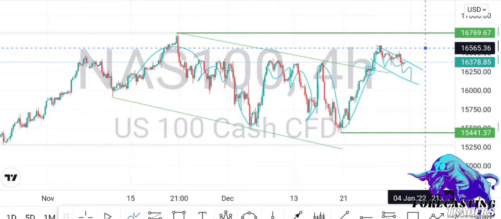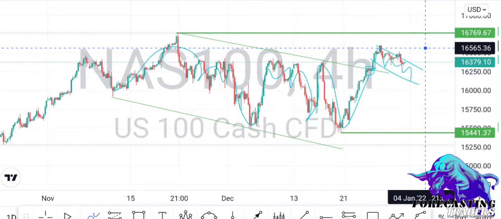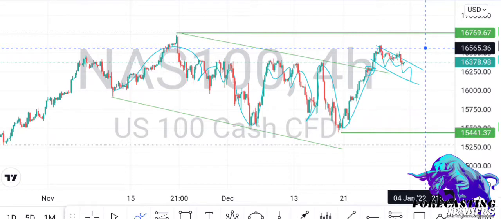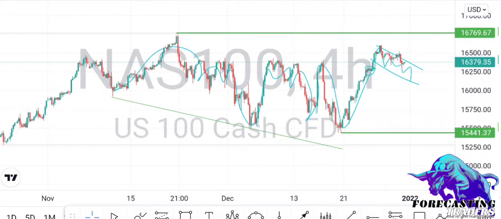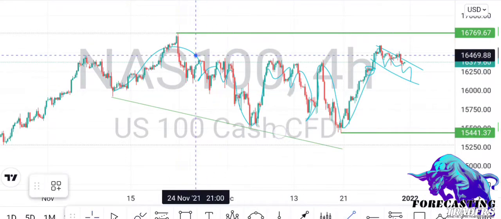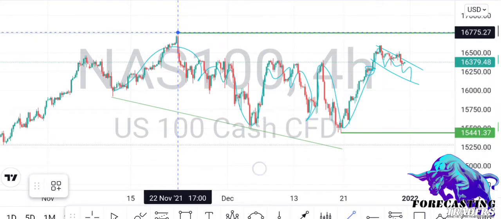So what we have to do is to take what the market is going to be giving us. We don't have to predict for the market. Let's just do this.